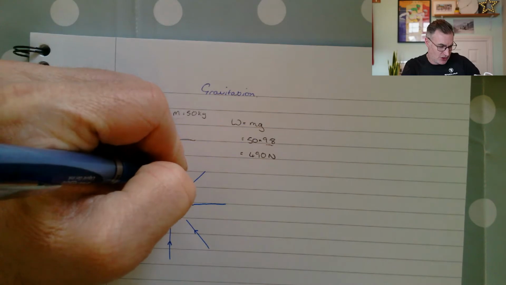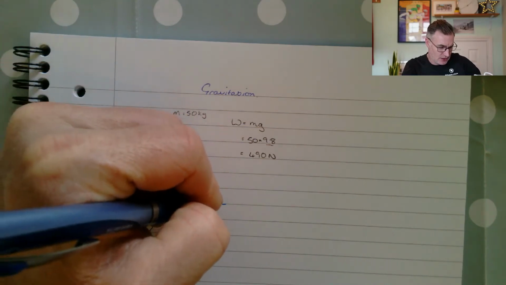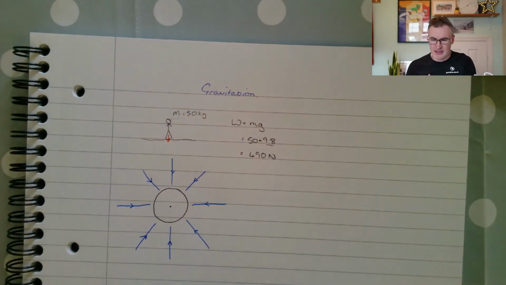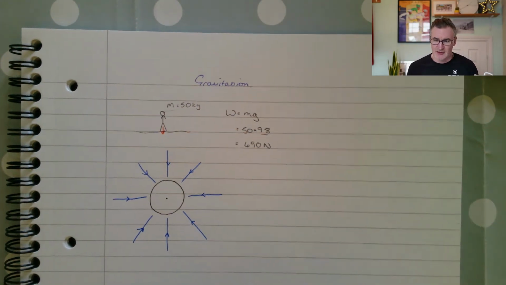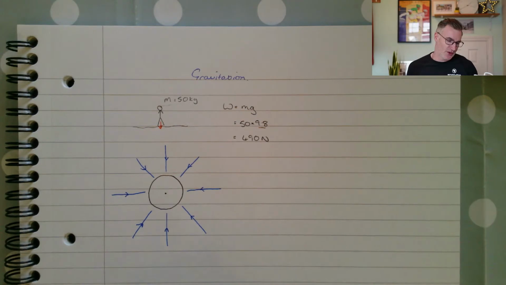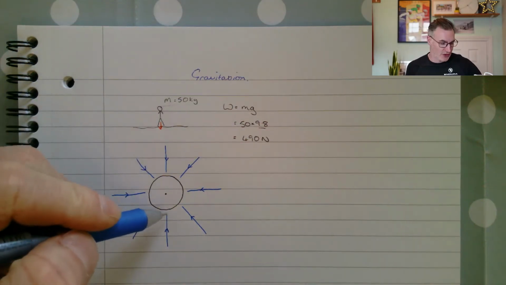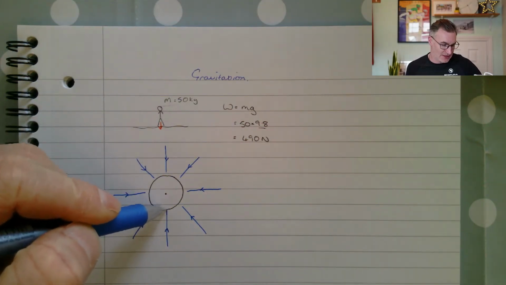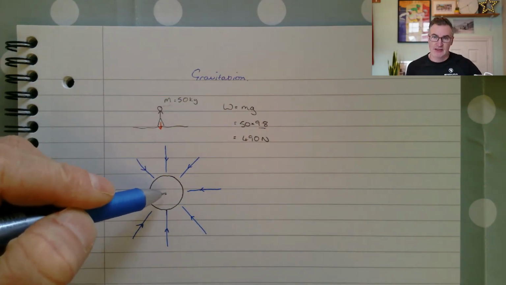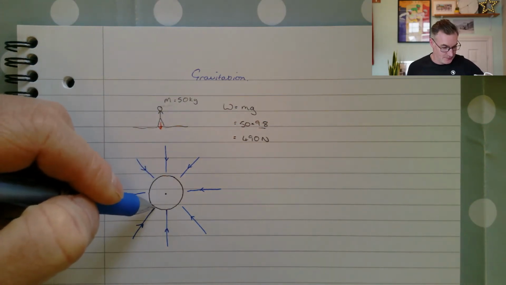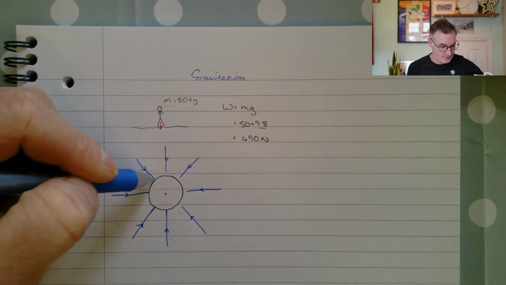We wouldn't generally say down, as that could be quite confusing. If you're standing on the surface of the Earth, whether you're in Australia or whether you're in here, you're always going to experience a downwards force. But it would be more correct to say that the force is acting towards the centre of the object, like so.